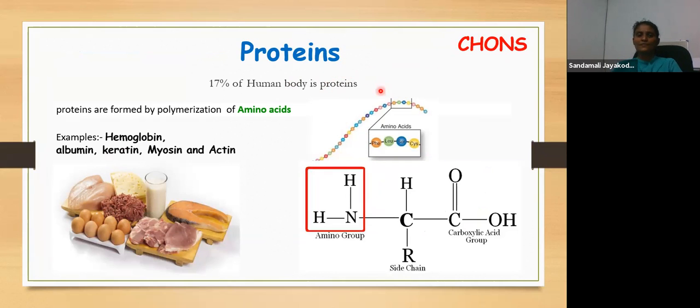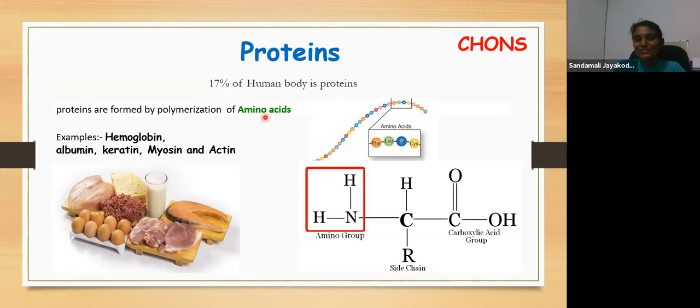When we think about our body, as a percentage of weight, protein is about 17% of our body weight, because all the muscles and everything are made up of proteins. Protein fibers are the base of our muscles.